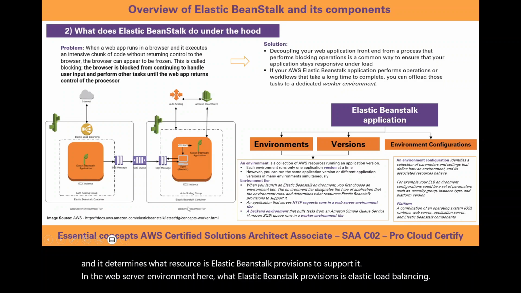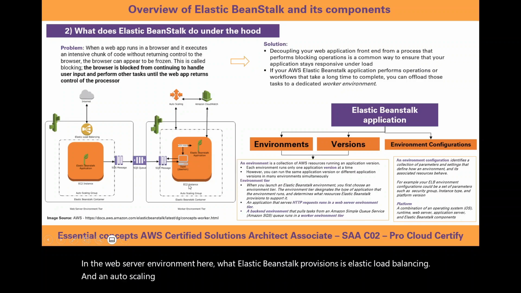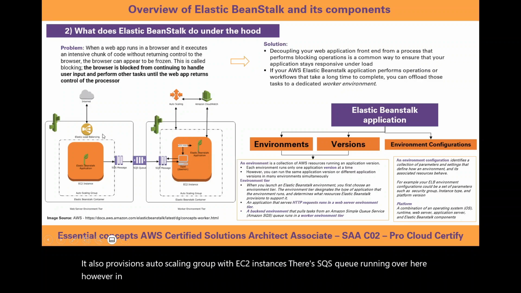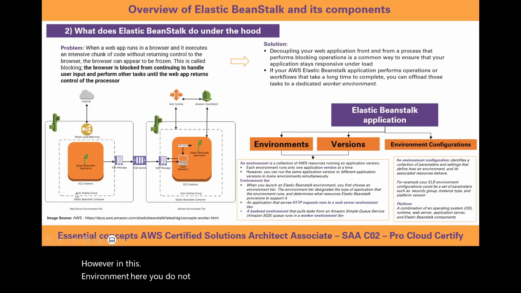And in the worker environment tier, it also provisions the autoscaling group with EC2 instances. There's an SQS queue running over here. However, in this environment tier, you do not need Elastic load balancing. So the difference in the environment tier determines the kind of resources that are provisioned by Elastic Beanstalk.